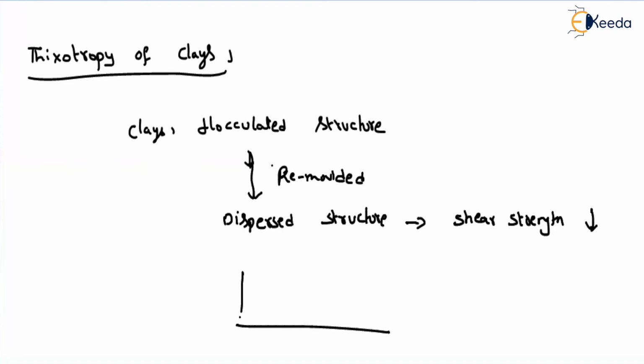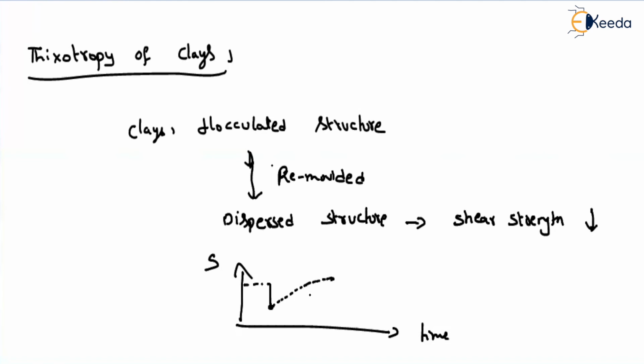Let us assume along the x-axis I am representing time, and along the y-axis I am representing shear strength S. Initially the shear strength is S, but because of the remolding, the shear strength suddenly decreases. But the soil has such a property that as time goes on increasing, the soil comes back to its original shape.